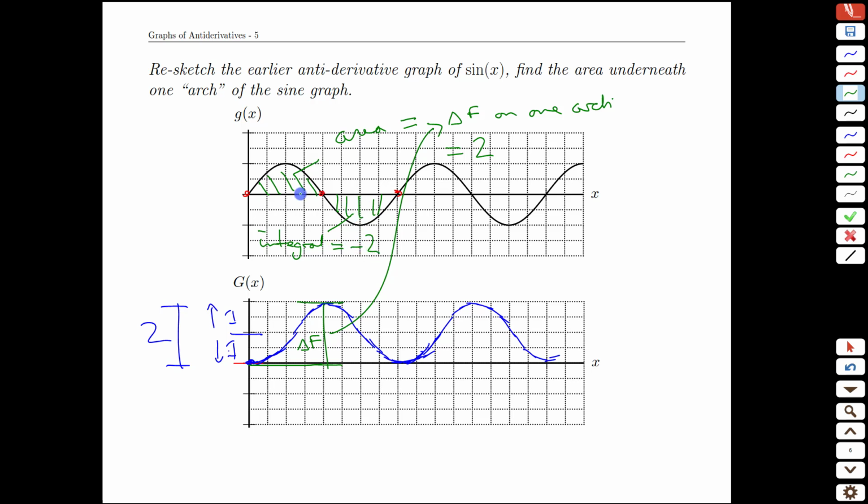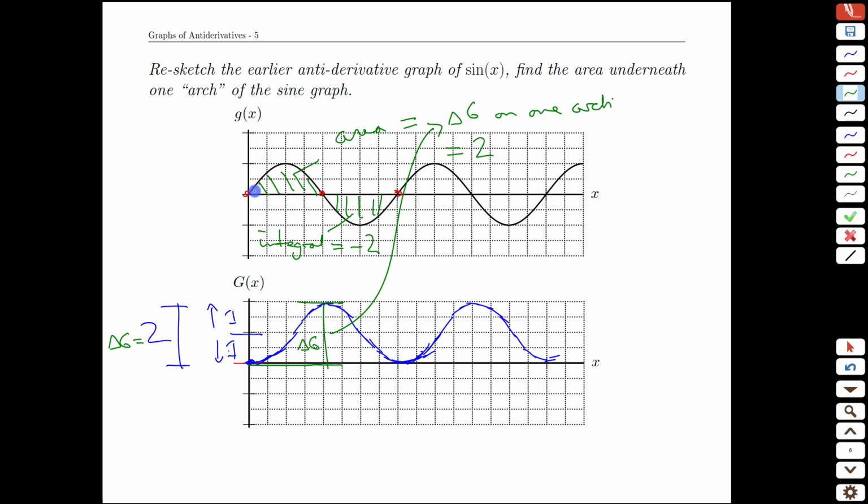Negative because it's underneath the axis, but still 2 because it would be exactly the same size as the original arch. So that gives us a powerful connection between the areas and the changes in f on the graph down here, and really ties the integrals back to changes in the underlying function in our antiderivative. And just for consistency here, we should be calling these delta g, my apologies, for this particular example.